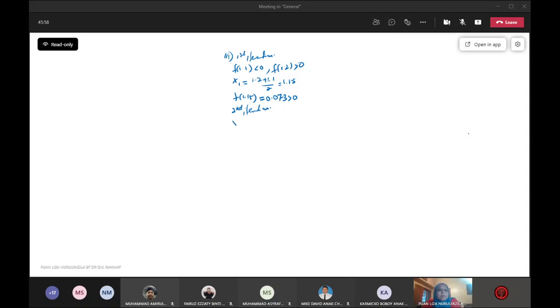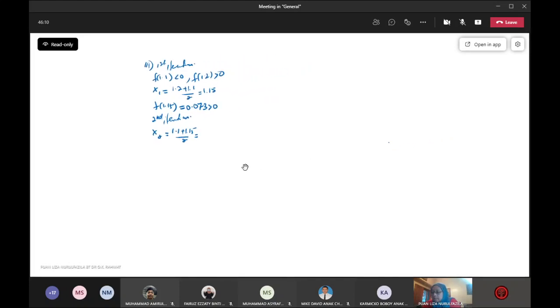So your second iteration, you would have (1.1 plus 1.15) divided by 2. This is 1.125. F of 1.125 is positive.